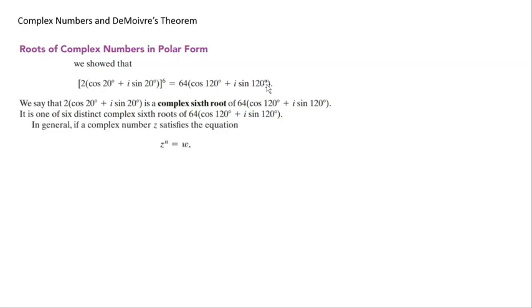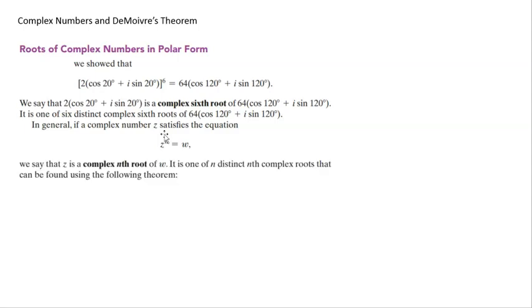All right, keep going. In general, if a complex number z satisfies the equation z to the n equals w, okay, so you have some complex number raised to a power equals some other number, we're just going to call it w, then we say that z is a complex nth root of w.